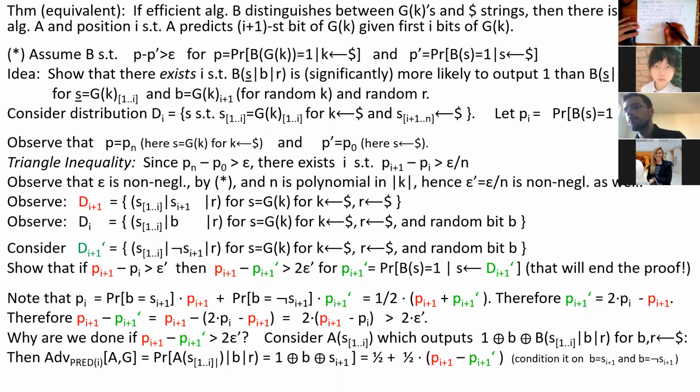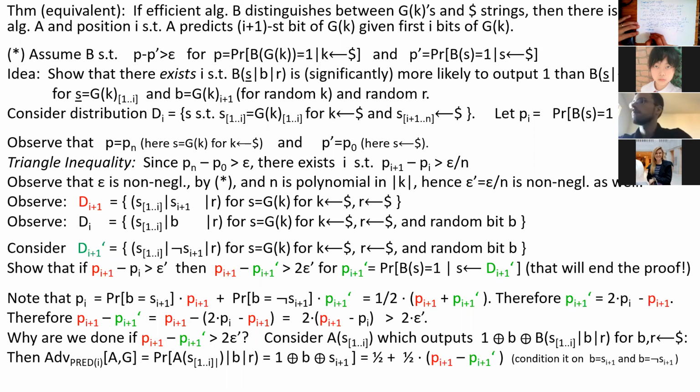So what is this? It is p_{i+1}. And this guy is 1 minus p'_{i+1}, because it's 1 minus the probability that this output was 1. Without loss of generality, B outputs 1 or 0, and the probability that he outputs 0 is 1 minus the probability that he outputs 1.